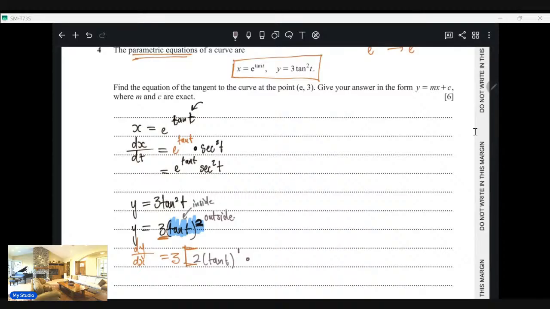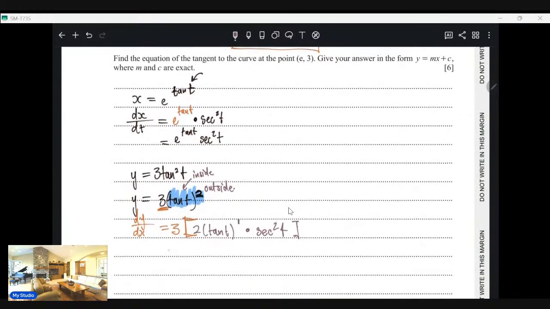That's the chain rule. So we now multiply by the derivative of tan, which is again sec squared t. So you end up having 3 times 2, which becomes 6 tan t sec squared t.